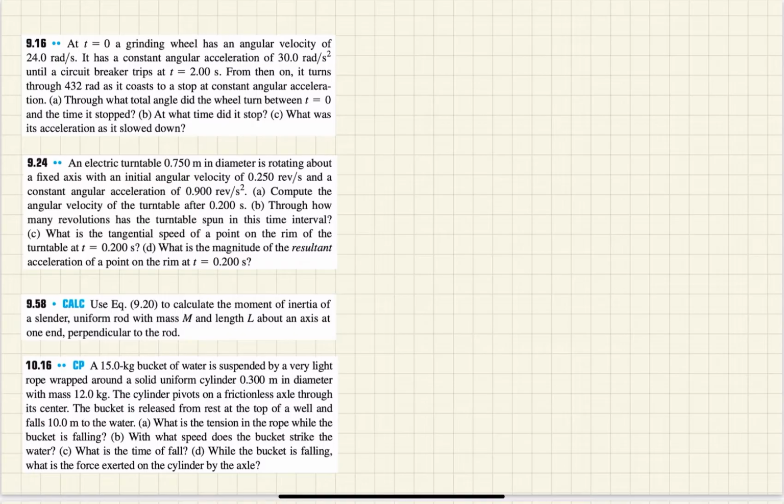Okay. So we can use one of our kinematic equations here. The angular displacement is equal to the initial angular velocity times the time plus 1/2 angular acceleration times the time squared. So we know this was 24 radians per second, this was 2 seconds, plus 1/2 times 30 times 2 squared. Again, I'm not including decimals or units because it's just a simple one.